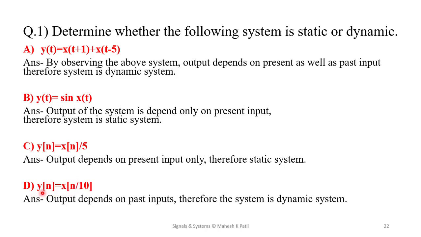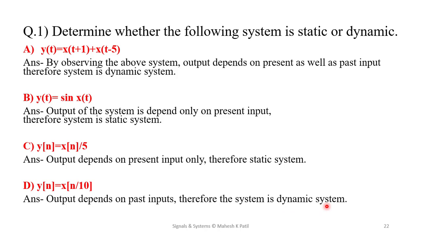Or if I put n = 100, then it becomes y(100) = x(100/10), that means x(10). This means here the output depends on the past inputs. Therefore this given system is a dynamic system.